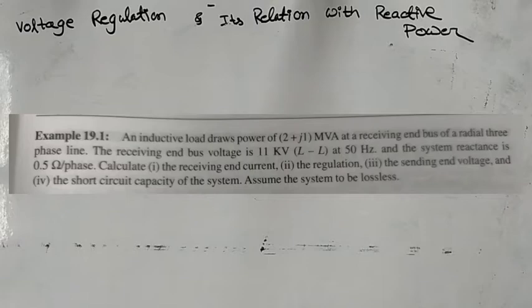The receiving end voltage is 11 kV line to line at 50 Hz and the system reactance is 0.5 ohm per phase. Calculate the receiving end current, the regulation, the sending end voltage and the short circuit capacity of the system. Assume the system to be lossless.